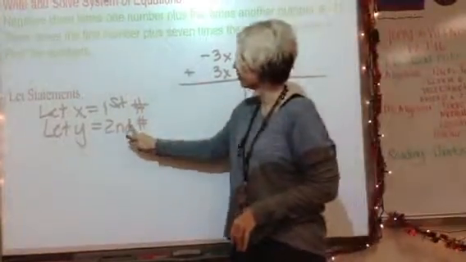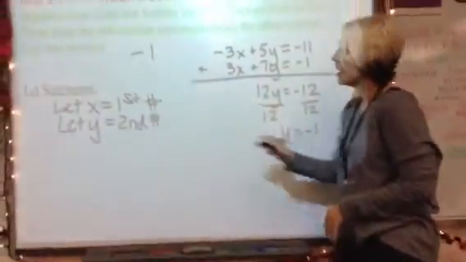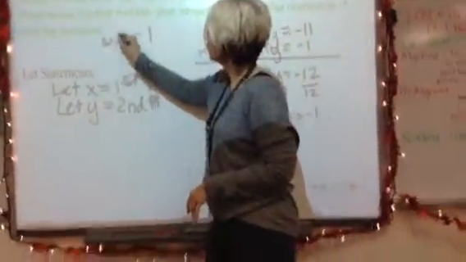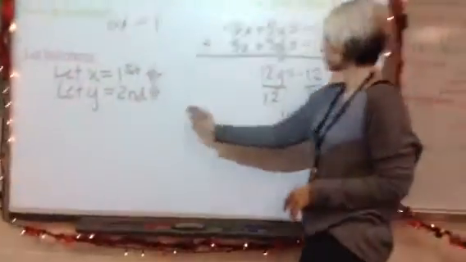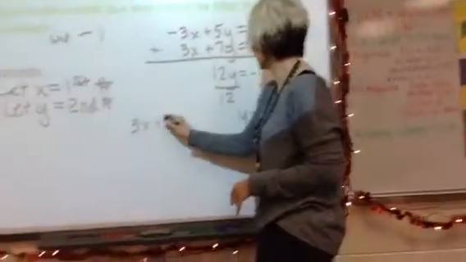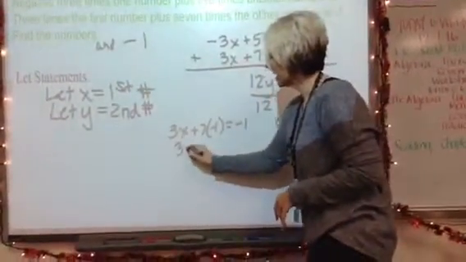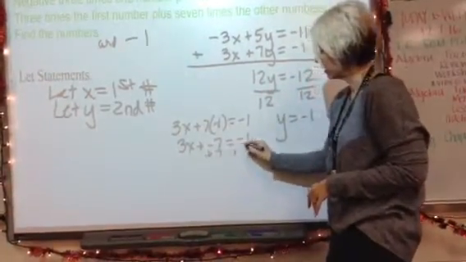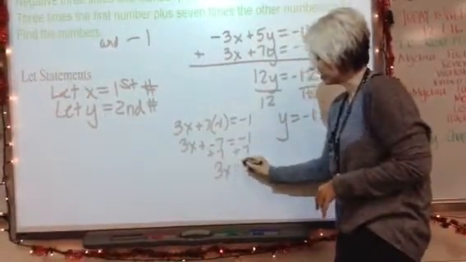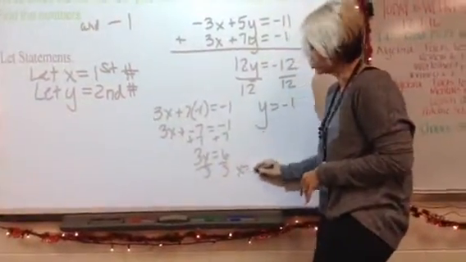So this second number is negative 1. I need to find the first number, so I'm going to plug that into one of these. So let's just do this bottom one. So 3x plus 7 times negative 1 is equal to negative 1. So it's 3x plus negative 7 is equal to negative 1, so I'm going to add 7. And I get 3x equals positive 6. Divide by 3, and we get x equals 2.